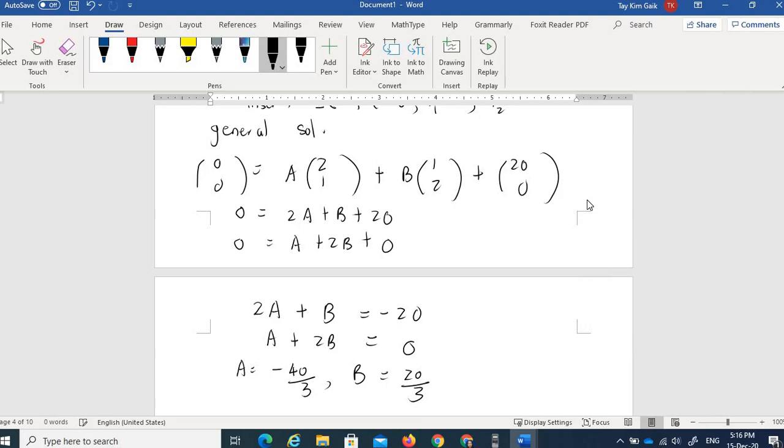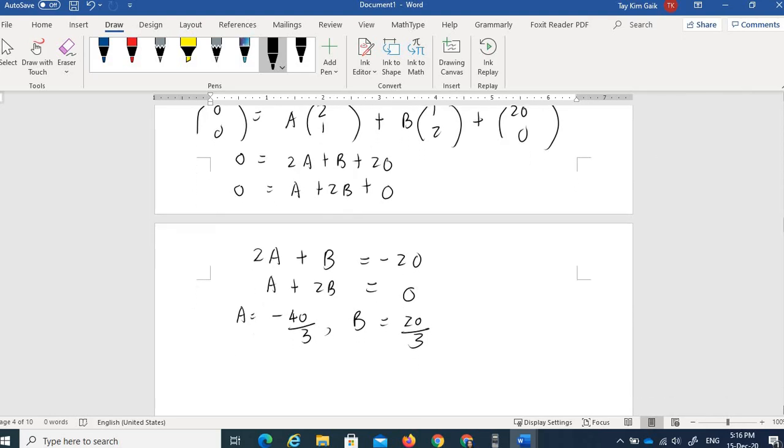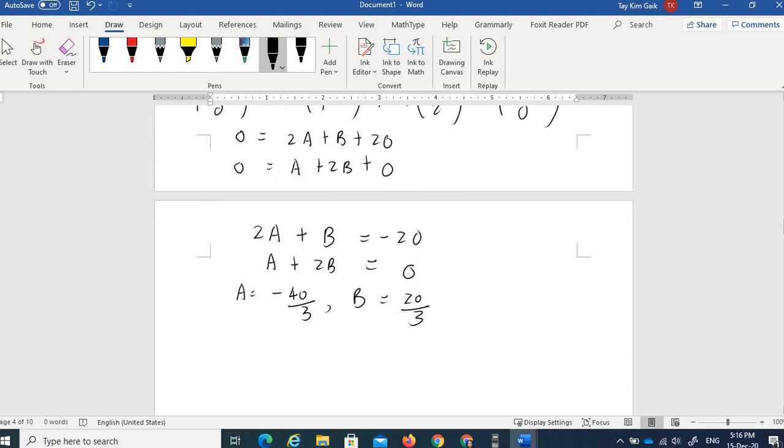So plug a and b into your general solution and you obtain the particular solution. So now your particular solution, there's I1, I2.